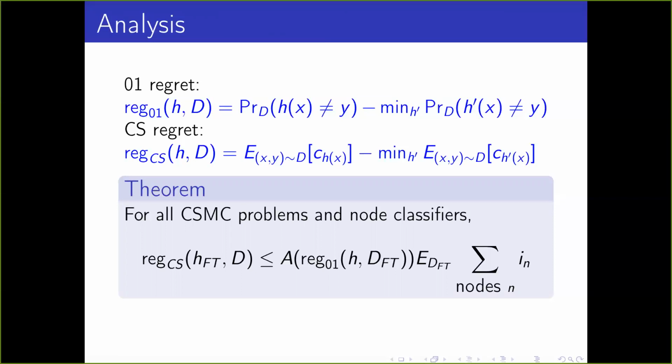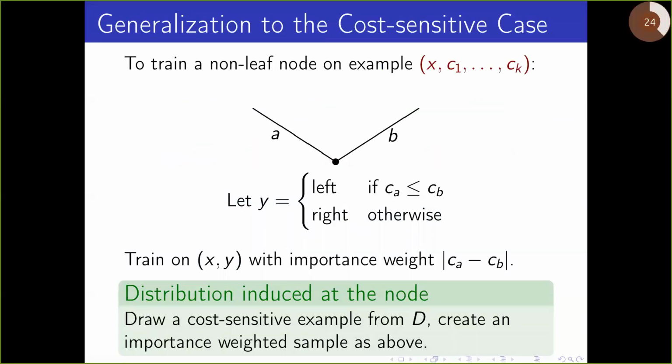So what is the sum of importance weights going to be in a tree if you're using this kind of rule with multi-class classification? So Yoav has the correct cost vector.